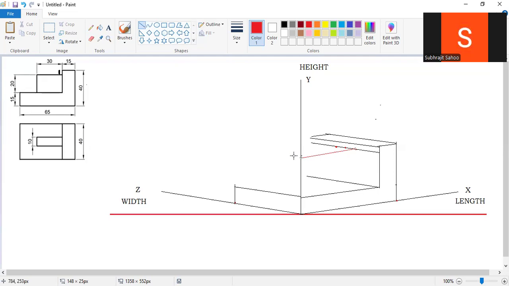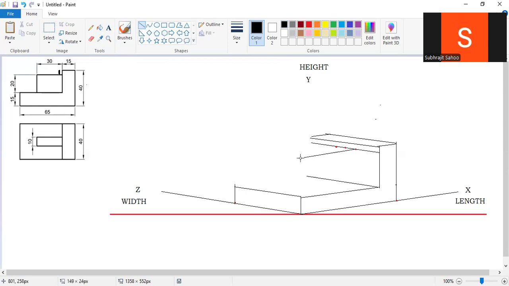Okay, let me erase this y-axis first, because now it is not required anymore. Right? Sir, what I will do, from this, I will draw a line.